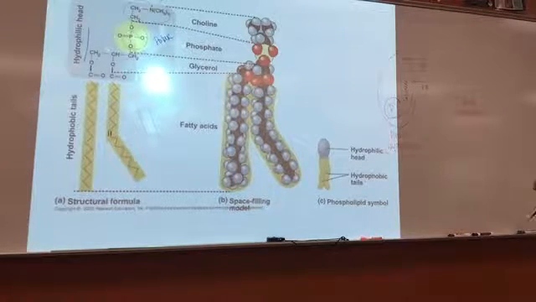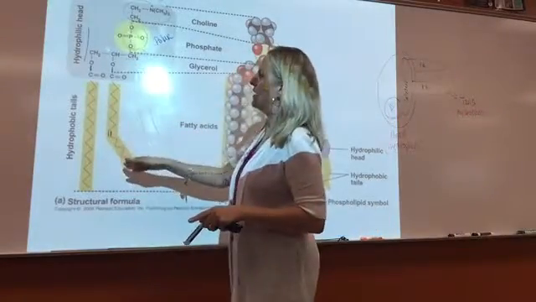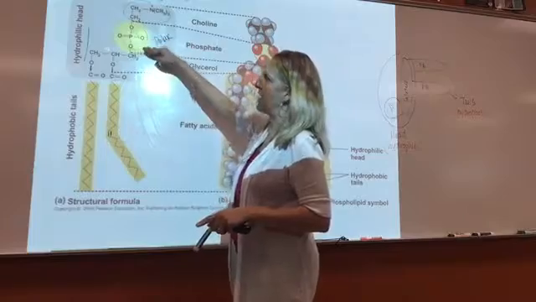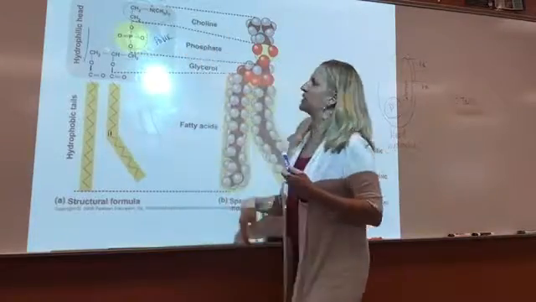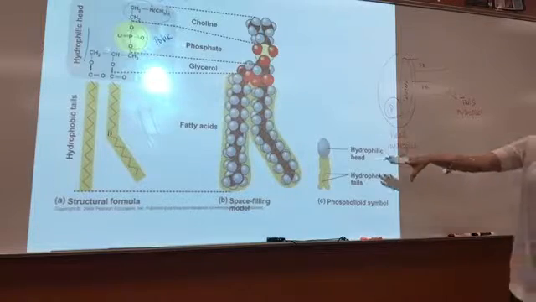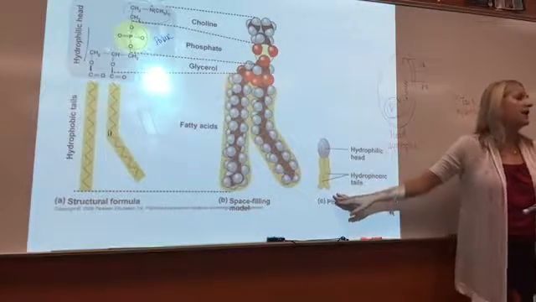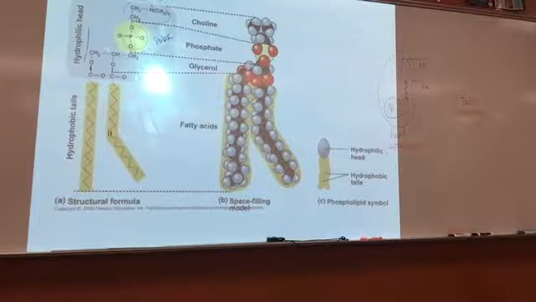So in general, all phospholipids have the glycerol, the two fatty acid chains, and a phosphate group, and then that can vary. All right, and so oftentimes in your textbook, they'll draw and illustrate phospholipids looking like this, okay? And as we get into, in a couple chapters, we're going to talk about the cell membrane.